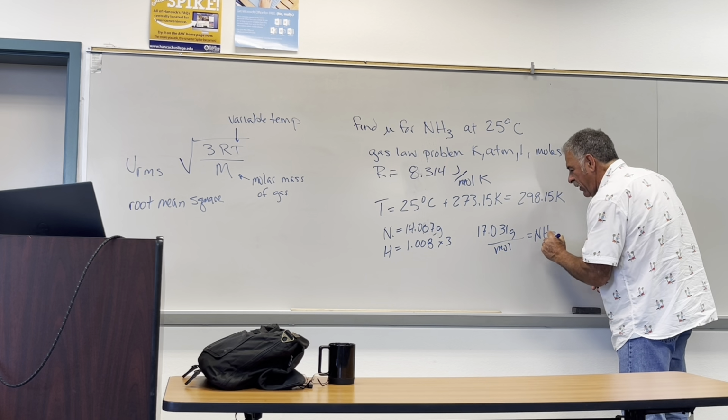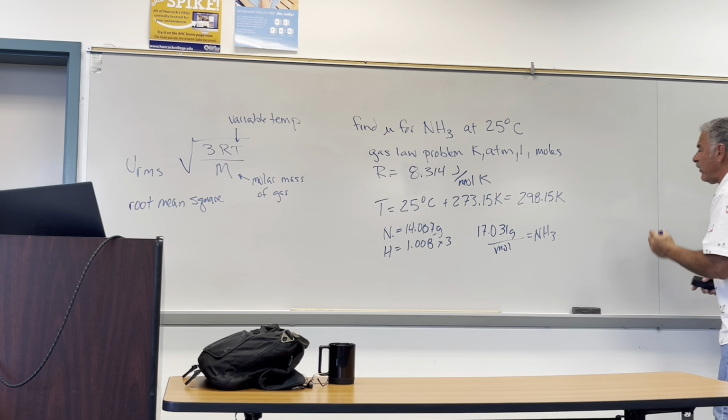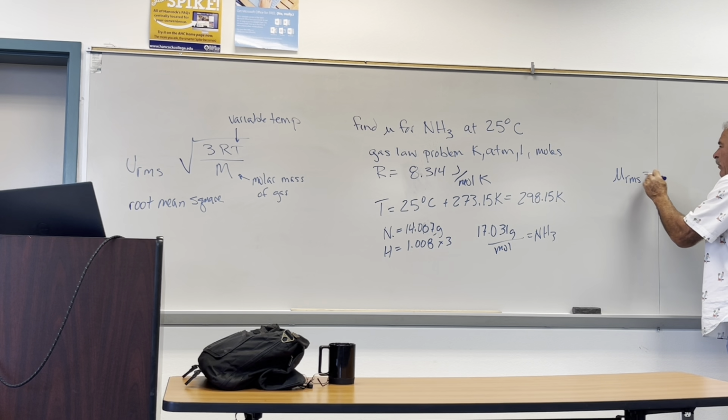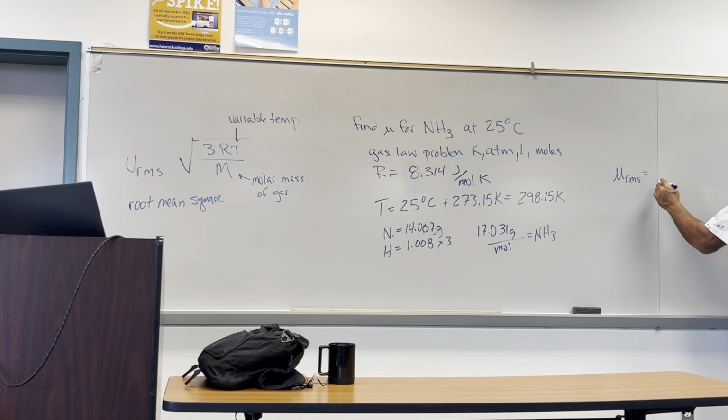NH3. All right. So we have everything we need to get the average velocity of the molecule, and it's really the speed. It's not really the velocity because it doesn't have a direction. That's okay, we'll just leave it what they call it. So 3 times 8.314 joules per mole K. And Jules, do you think I'm talking to you every time I say that? When you say kilojoules, it really upsets me.